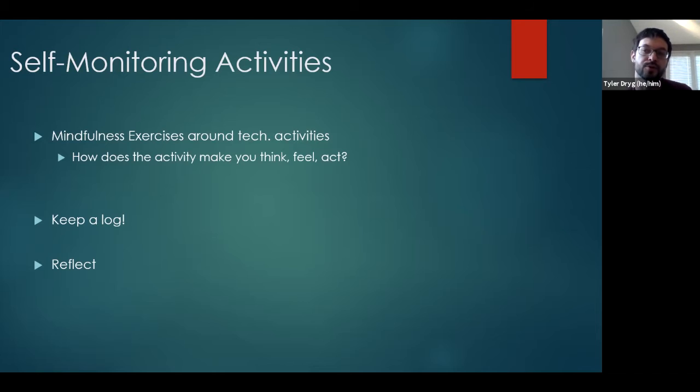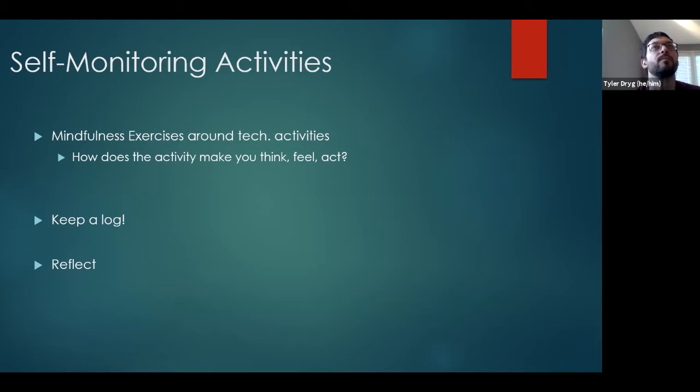Do you click around your screen a lot? Do you read all your emails very carefully? Do you check anything in your spam folder? Things like that.